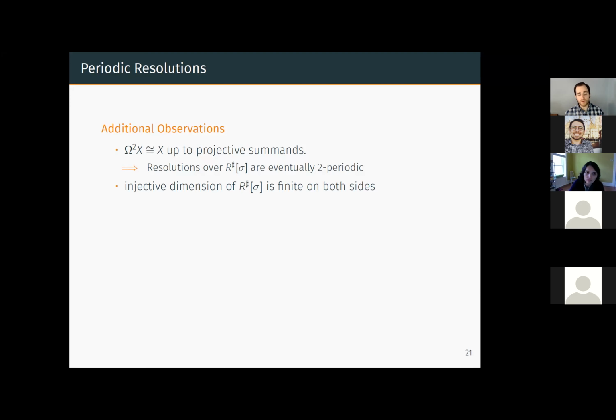On the other hand, you can apply some classic Auslander results to find out that this ring has finite injective dimension as a module over itself, actually on both sides. So the second one I'm thinking of is saying that this is a non-commutative Gorenstein ring, if that means anything to you. The injective dimension is finite.